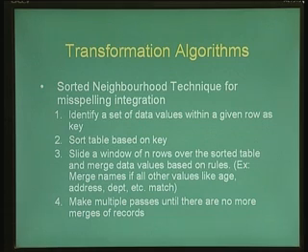Then you slide a window, that is, take a set of n rows and keep sliding it through the database to see if there are any misspellings, and then merge the misspellings. We have to make multiple passes until there are no more merges of records.